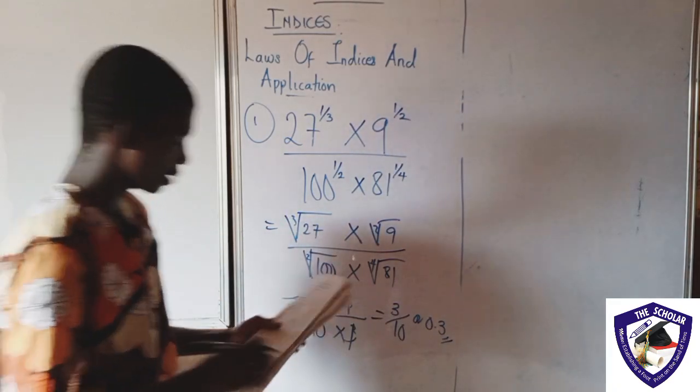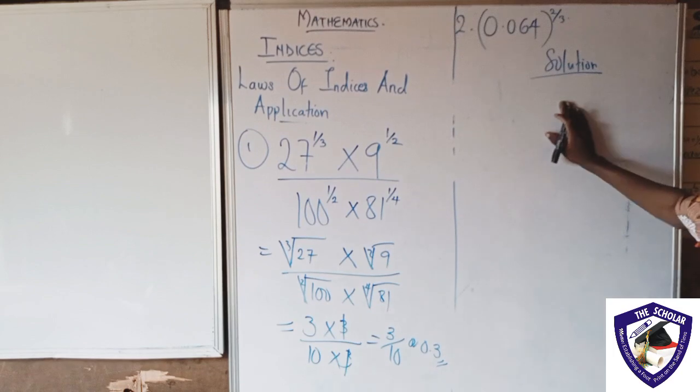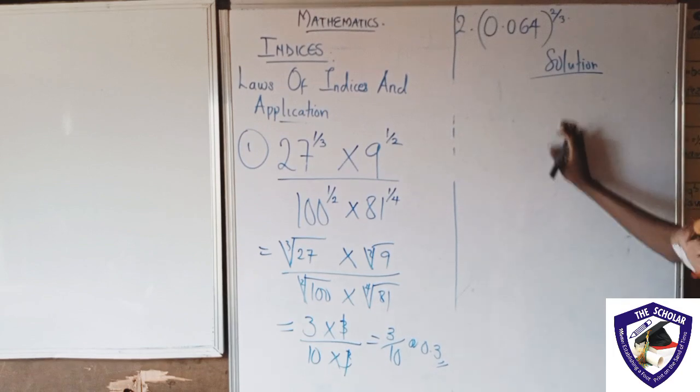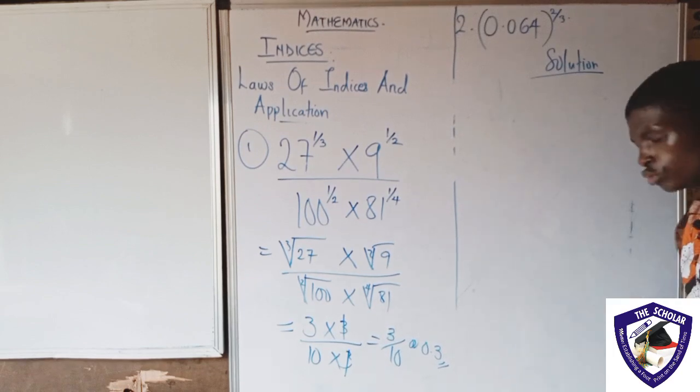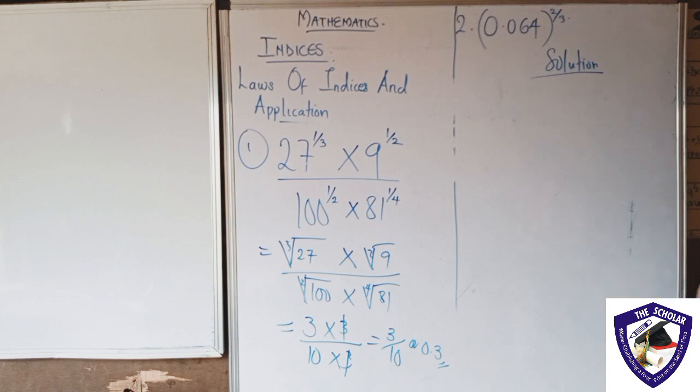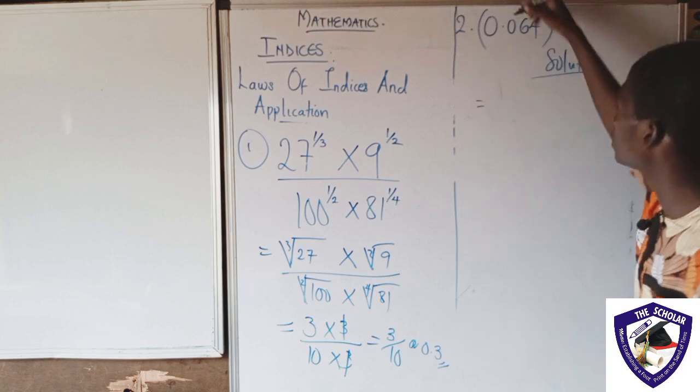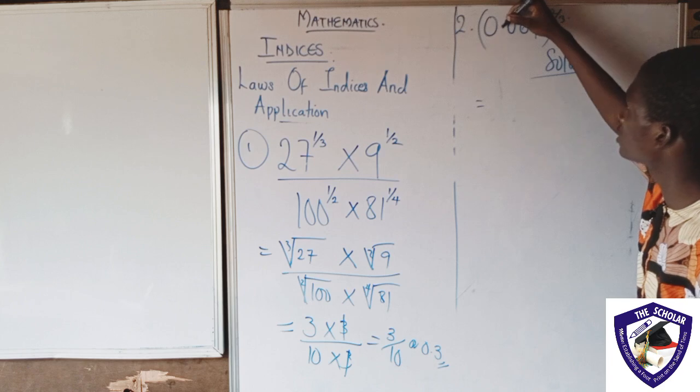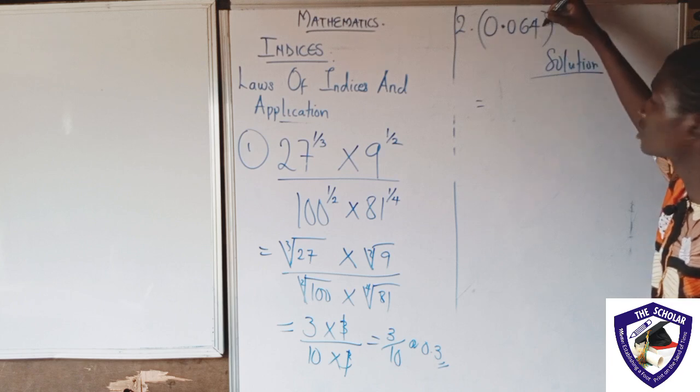Let us take example 2. Now, we have another example here. We have a number in decimal, and we are to use the law of indices to solve this question. The first thing we need to do is to convert this number to a fraction. To convert a number to a fraction, you start from the decimal point and take it to the last digit.